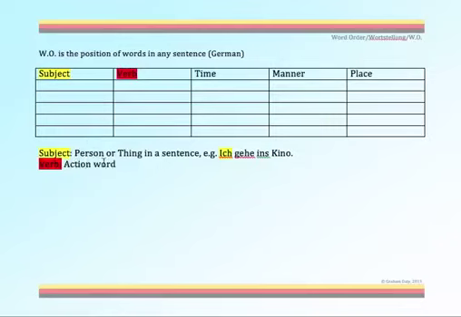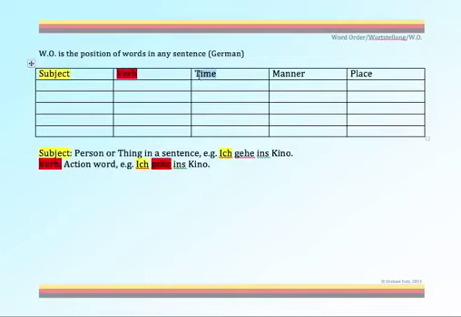An action verb is an action word. For example, Ich gehe ins Kino. You already know who's going to the cinema. It's myself, or I. So I'm going to put that in yellow. This gehe part is what you're doing. I am going. So that's the red part.